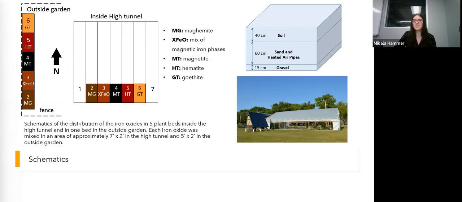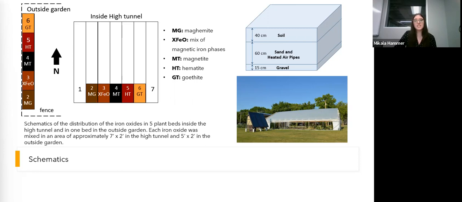And then beneath that is a layer of gravel to help drain excess moisture. Additionally, the plastic, which is currently up in the photo you see, can be raised or lowered depending on weather conditions.